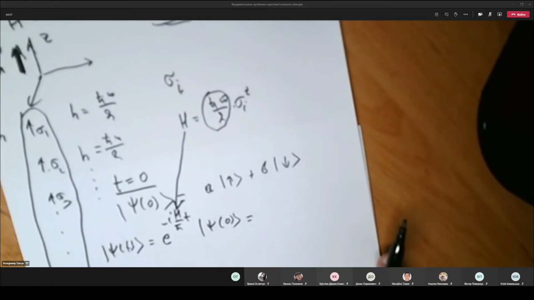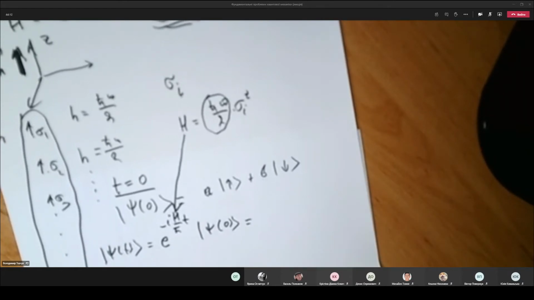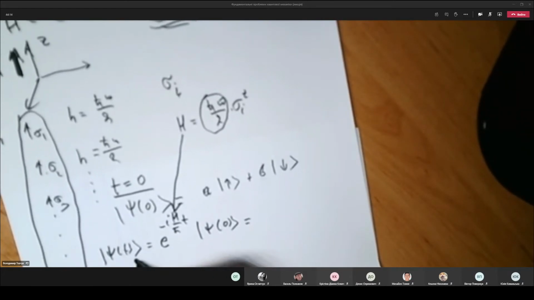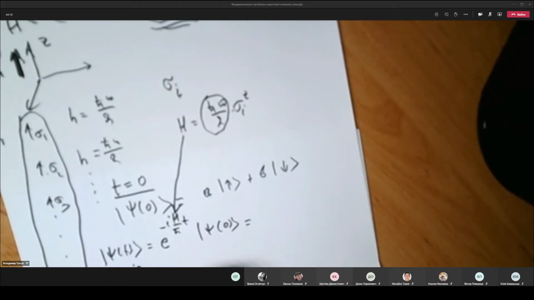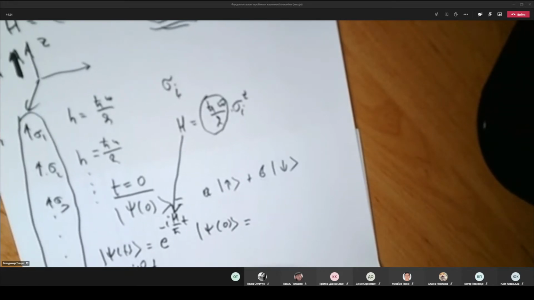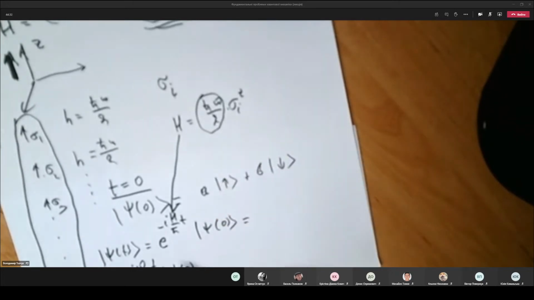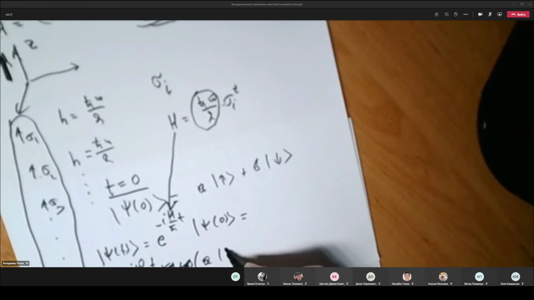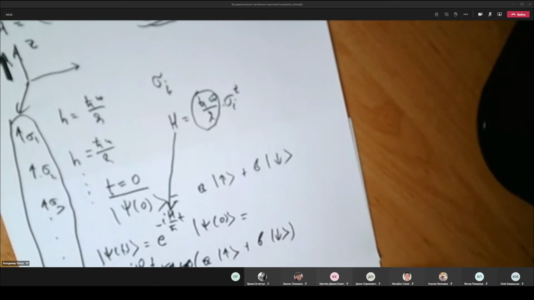It will be e to the power of minus H, H is cancelled, i omega divided by 2 times t, which acts on the state psi 0. Let me write also in the form which we have here, instead of psi 0, the concrete form of the state: A arrow up, B arrow down.